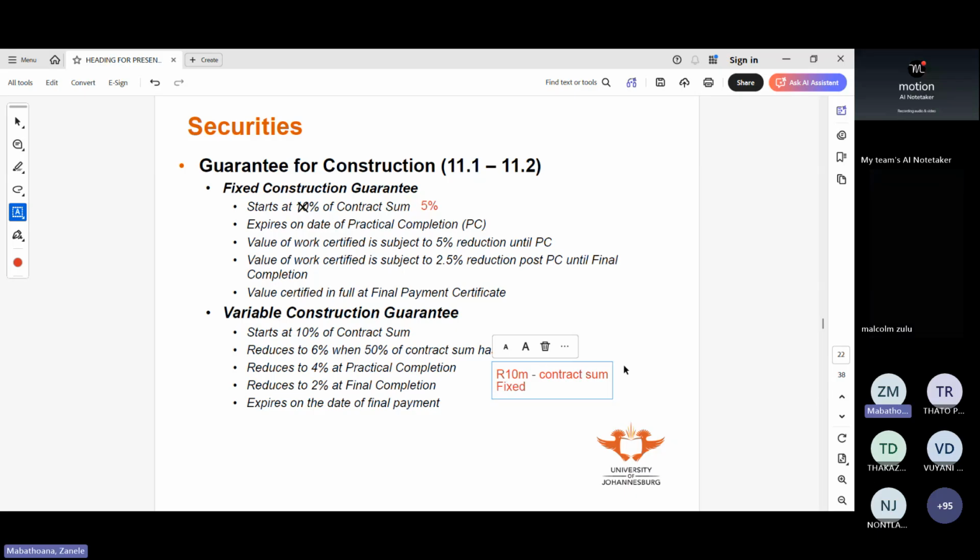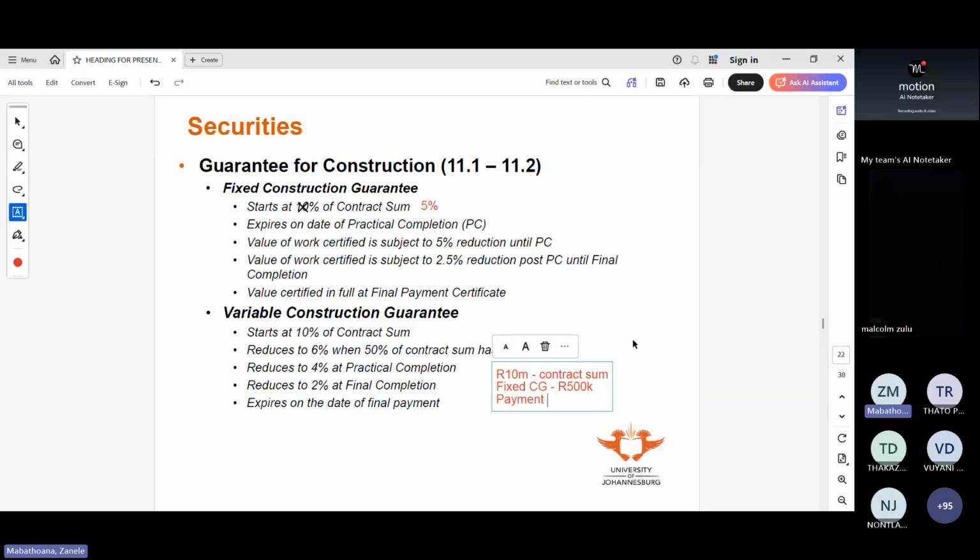Fixed construction guarantee becomes about 500K, right? That's fixed. And then we're going to take payment reductions.